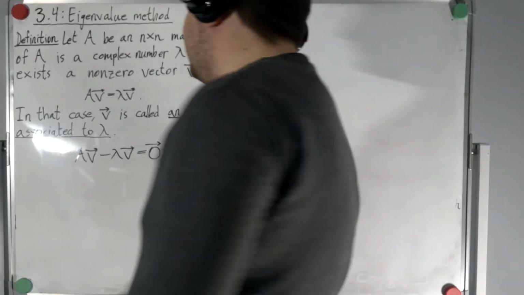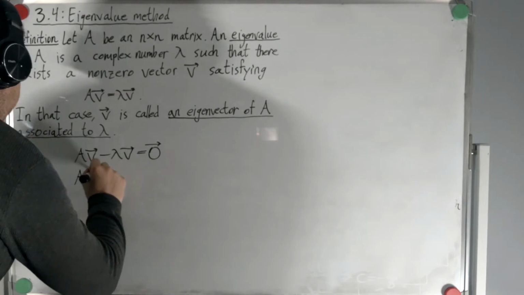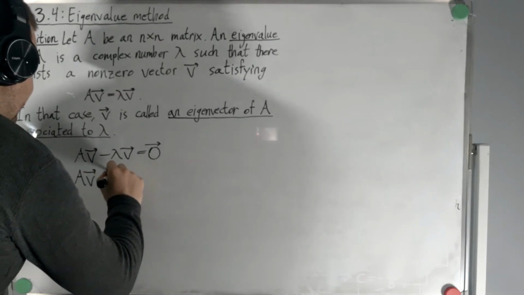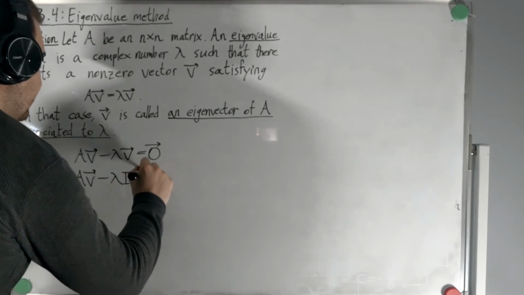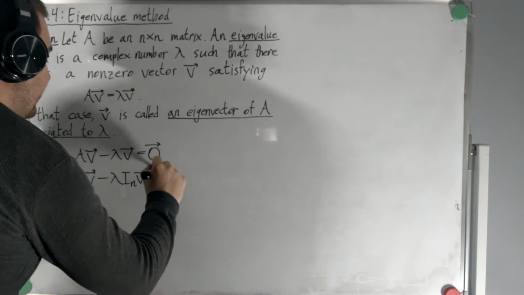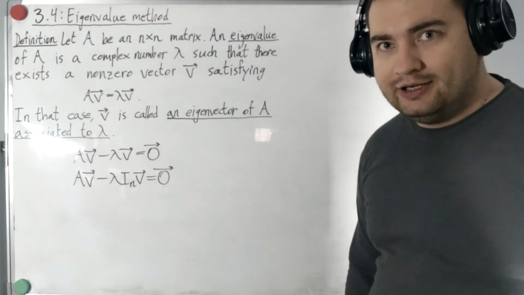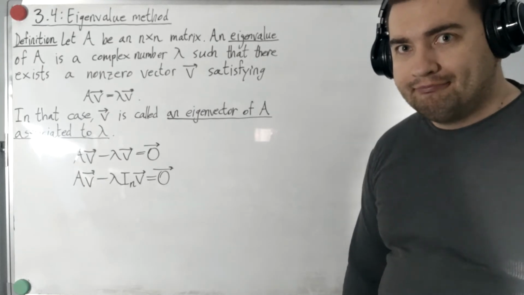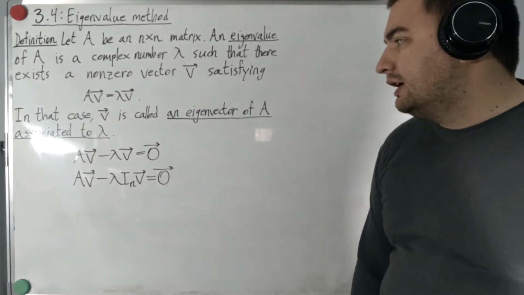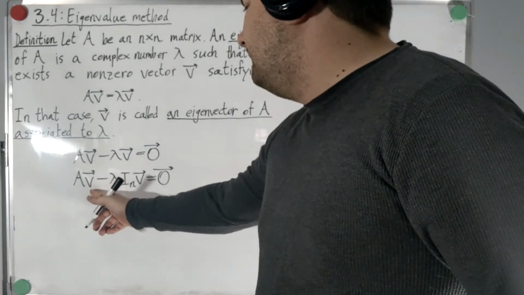Next, I want to point out that if you replace lambda v by lambda times the n by n identity matrix times v, then you haven't changed anything, because the identity matrix times v is always v. And then I want to notice that you can factor out v vector.